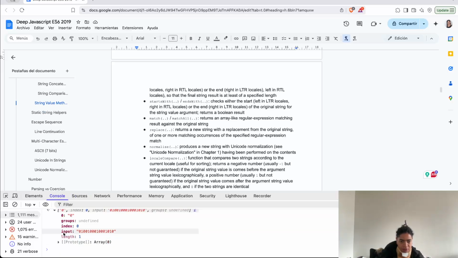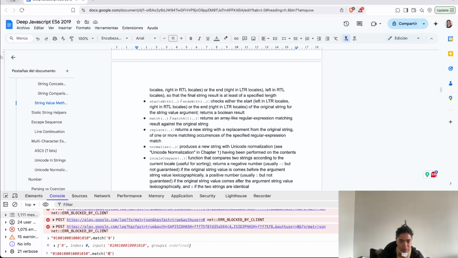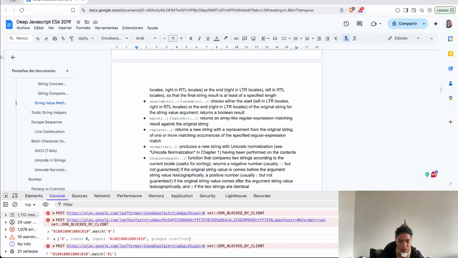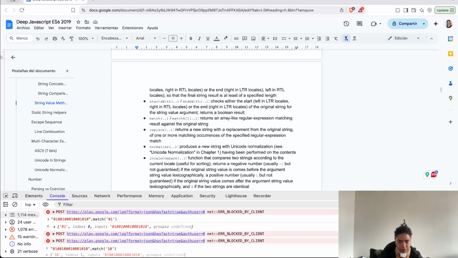In this case, the first match, because match is going to return an array-like expression resulting from matching against the original object. So for example, if you say, hey, 0, 1, please return me the first one you encounter, as well as the index where you made that first encounter.